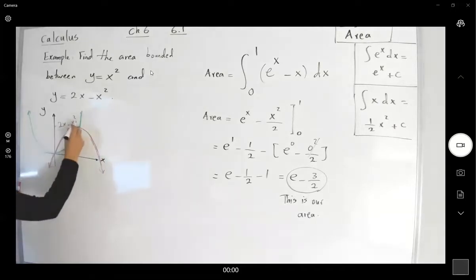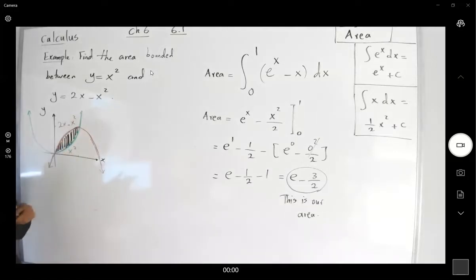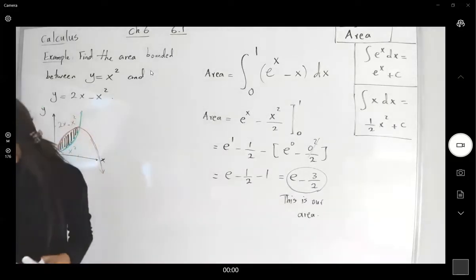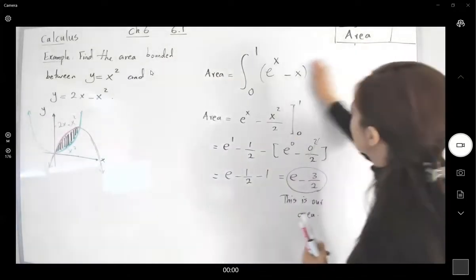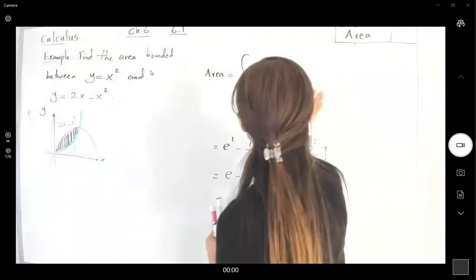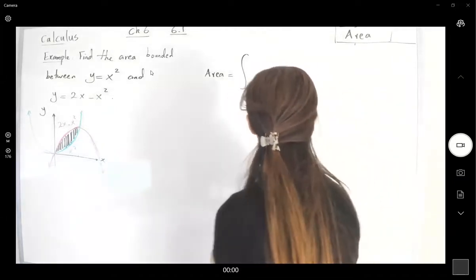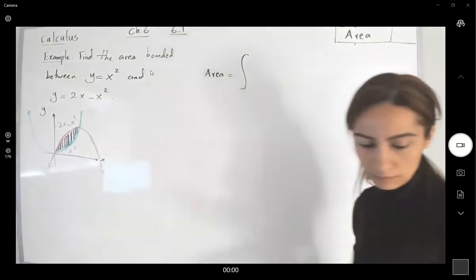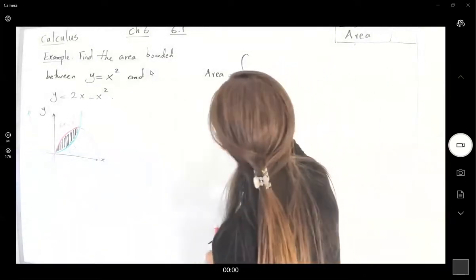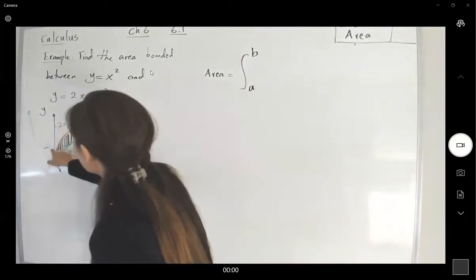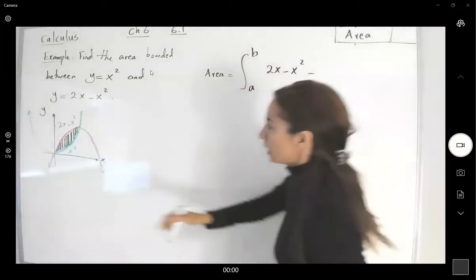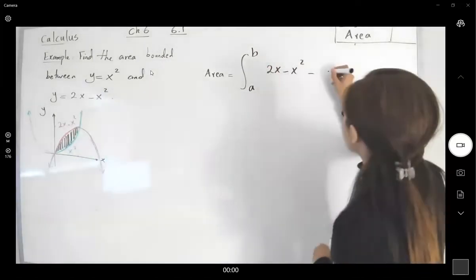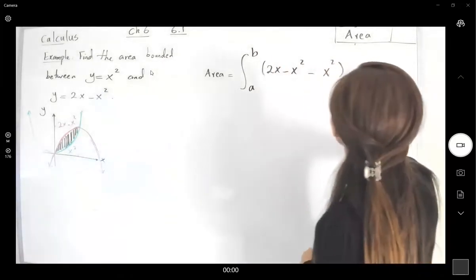Our goal is to find this area. What is this area? From a to b, the top function is 2x minus x squared, minus the lower function, which is just x squared, dx.